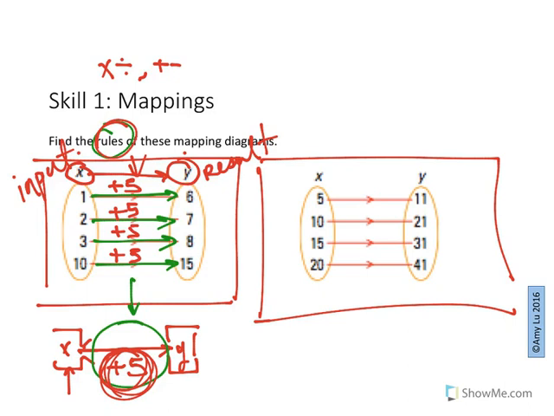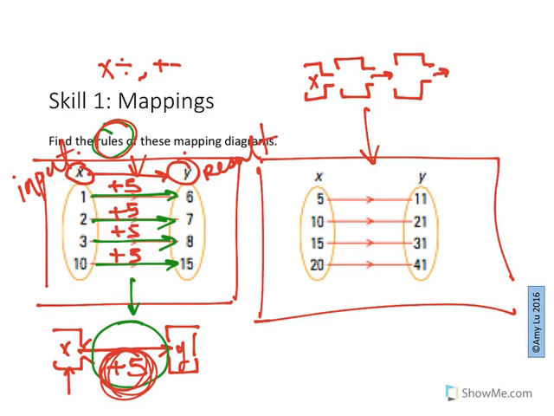Now, for the second example, it's a little more complicated. Maybe you might have to multiply by something first and then add. So you might go through 2 steps. So maybe you have to do something here first and then do one more thing.